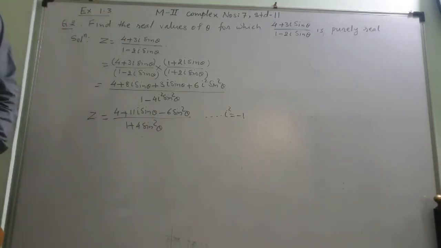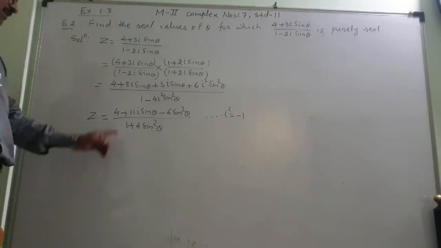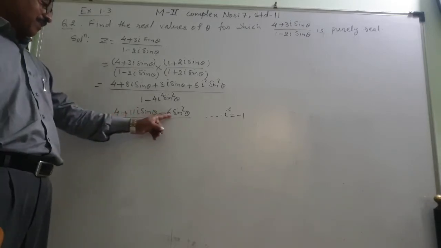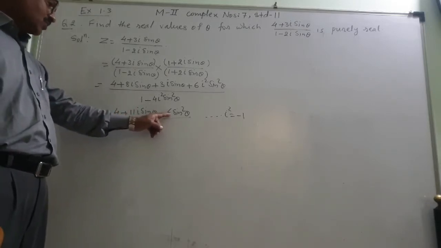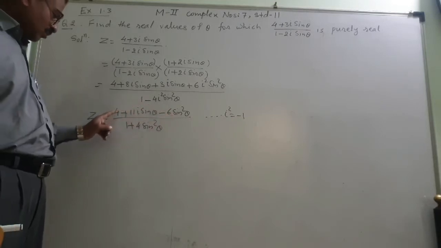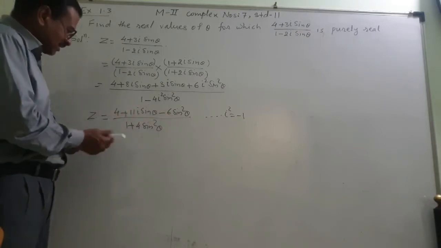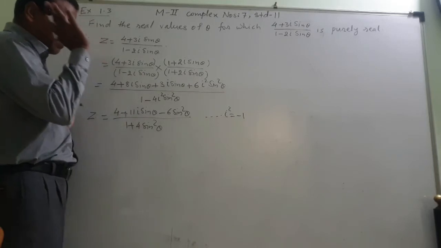So here onwards, what can I do? I will collect the real parts and the imaginary parts. Which are the real parts? This is a real part, this is a real part, because these two have no i. Those numbers which have i, this part 11i sin theta, is the imaginary part.